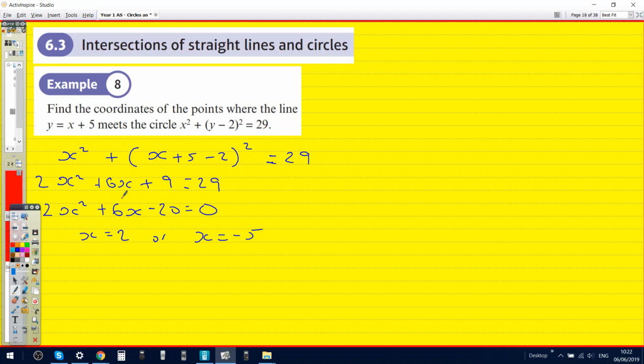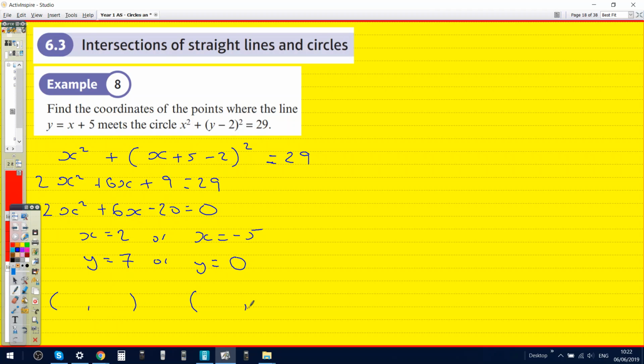They asked for coordinates. So then could we just put that back in the circle equation? Or should we put it into the easier one, the y equals x plus 5? So y would equal 2 plus 5, which is 7, or y would equal minus 5 plus 5, which is just 0. And so coordinates?